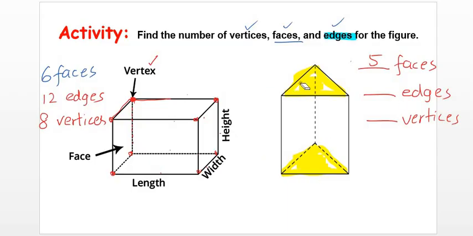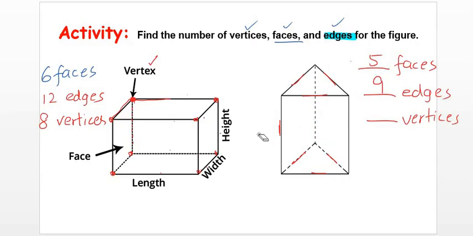How many edges? Edges are the lines where the 2 faces are joining. So we have 1, 2, 3, and then we have 1, 2, 3, and then we have 1, 2, 3. So 3 lines for the upper triangle, 3 lines for the lower triangle, and 3 lines for these rectangles. So together we have 9 edges, right?